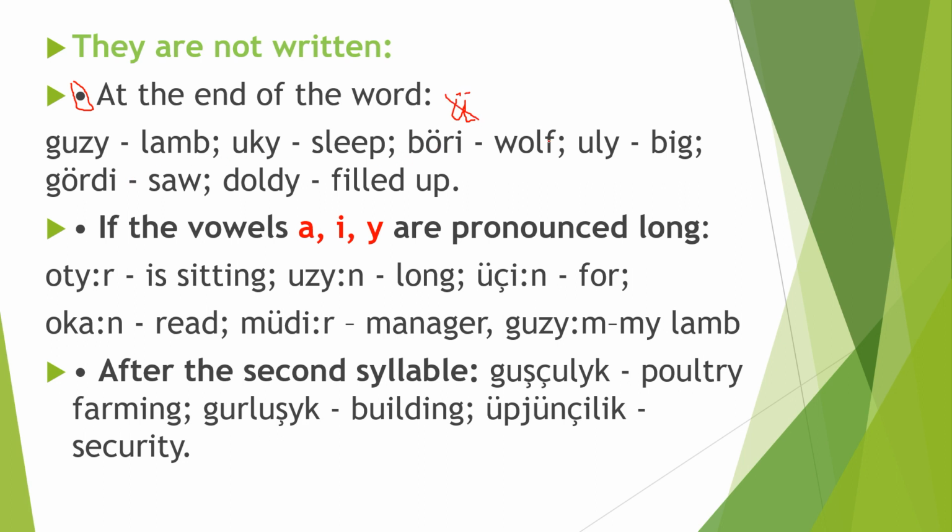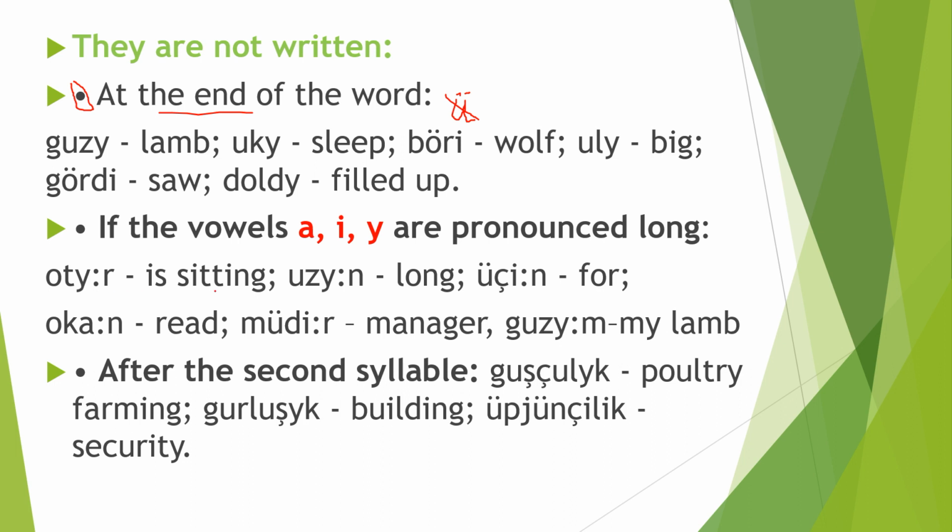So as you can see, we cannot write ü at the end of the word. It doesn't matter, even if it is the second syllable. At the end, we cannot write. And another exception, let's say, if the vowels a, i are pronounced long. For example, otir, I cannot say otur. Otur is another word with a different meaning.